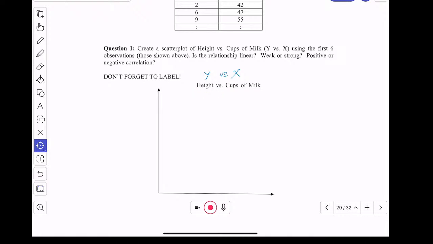So this is on the y-axis. And this is on the x.